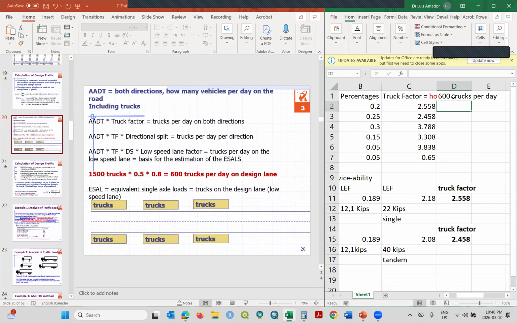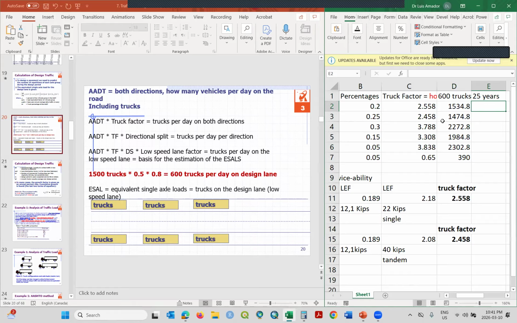Okay. So you can make 600 trucks multiplied by that. And this is the amount of damage of 600 trucks per day. But I want to design this for 25 years.